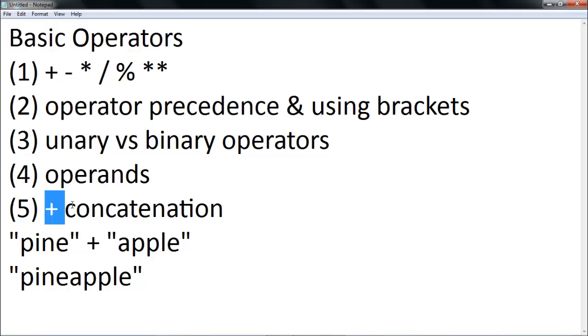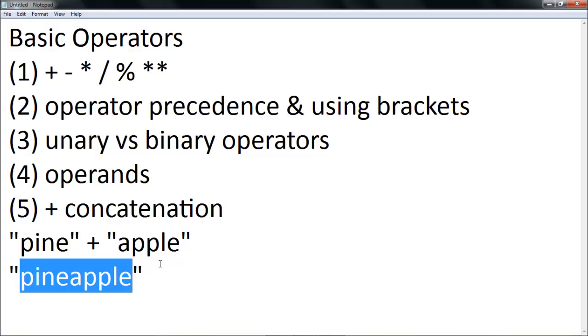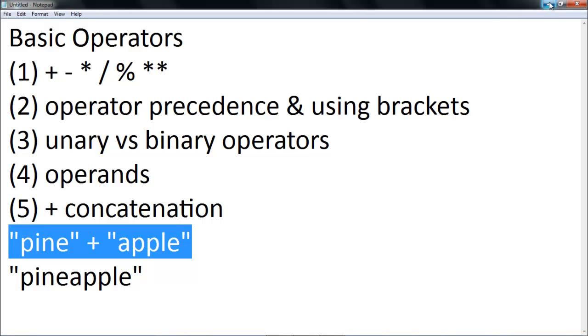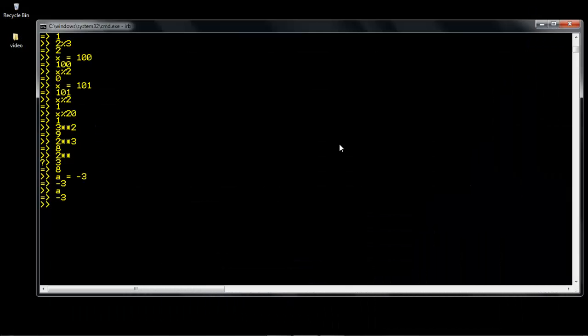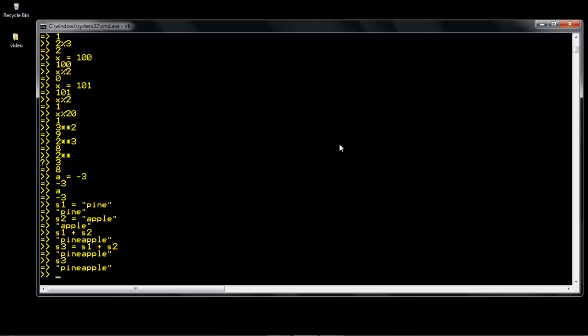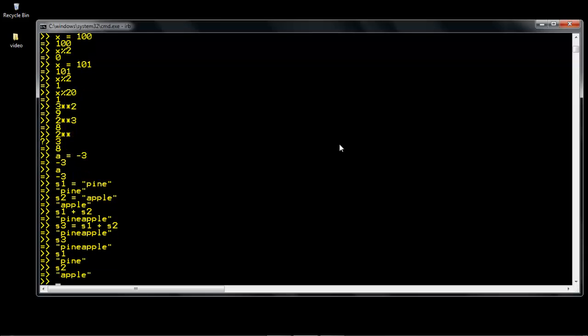But unlike numeric addition, the answer is a new string, which is created by joining the 2 strings in sequence. Let's try. Let's say S1 equals pie, S2 equals apple. So what is S1 plus S2? Pineapple. I put it in S3. S3 equals S1 plus S2. What's in S3? Pineapple. What's in S1? Pie. S2, still apple. Alright, I can do S3 plus space JUICE.